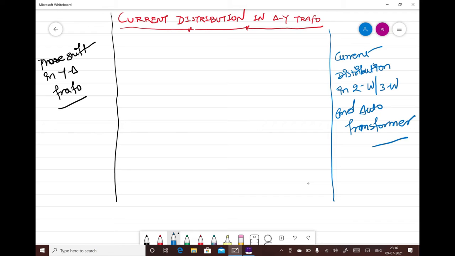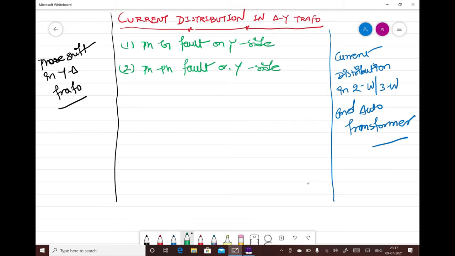Now, in this session, we will discuss the current distribution in a star delta transformer for two different cases. First, the phase to ground fault on the star side, and second, the phase to phase fault on the star side.